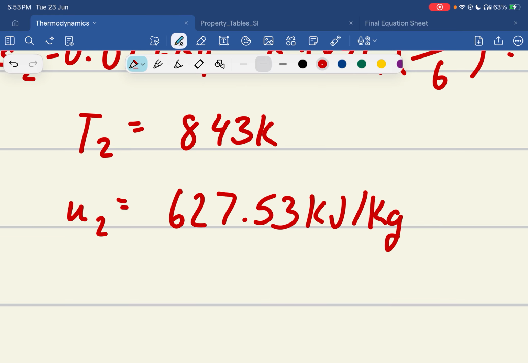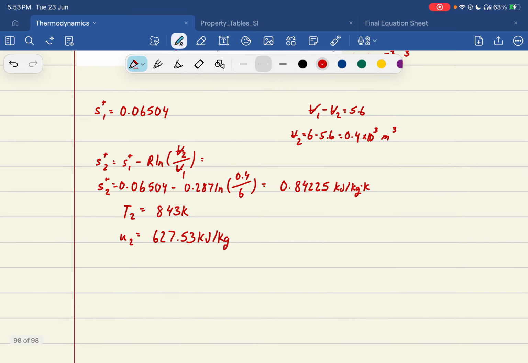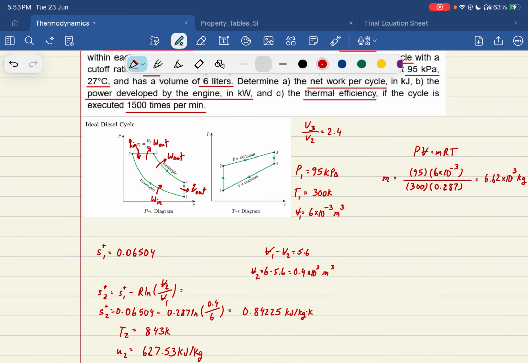Okay, and from that we want to find the pressures and the temperature for state 3.